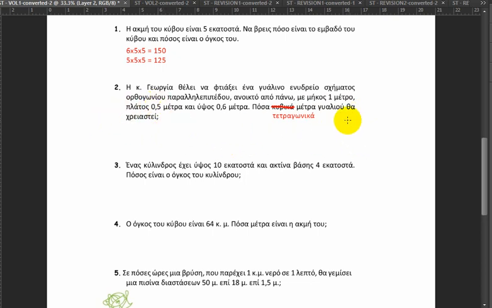So let's actually draw this to figure it out, right? Okay, so I'm going to make the front face be the smallest one, so that would be 0.5 and 0.6. So 0.5 is the width and 0.6 is the height, so we're going to make it like this.